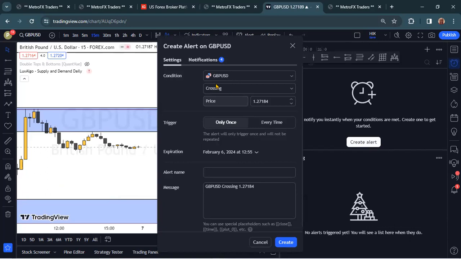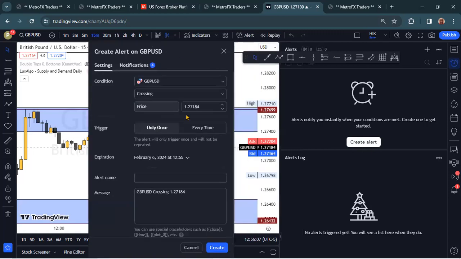You have to tell the market that once the price gets to a certain level, this is where you put the price.